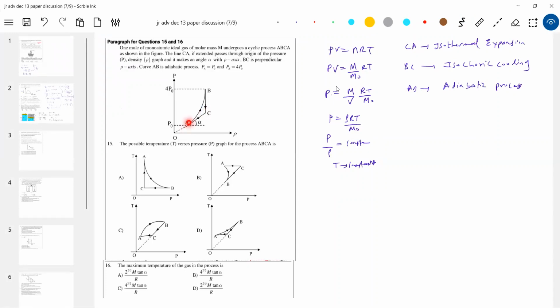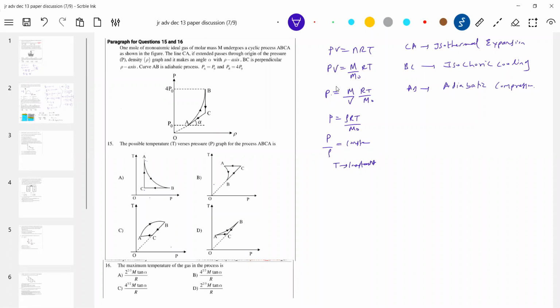Now go for AB, adiabatic compression. So it's asking for the TP graph, temperature versus pressure graph, not pressure versus volume. So temperature and volume will change in the adiabatic process here.